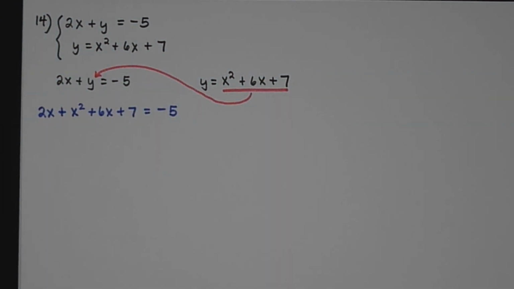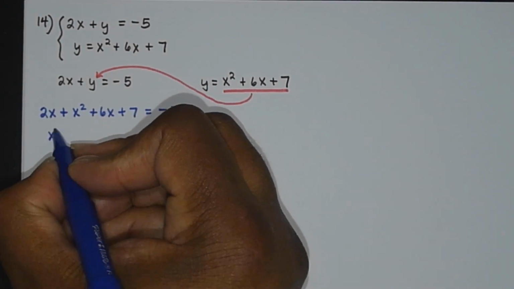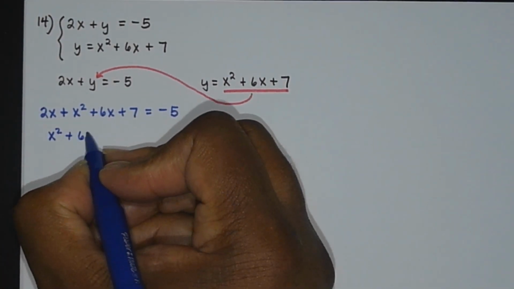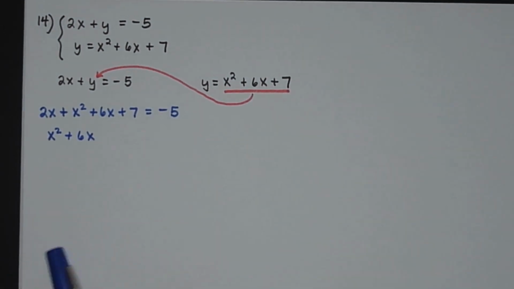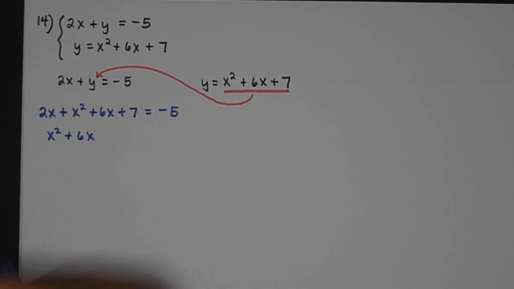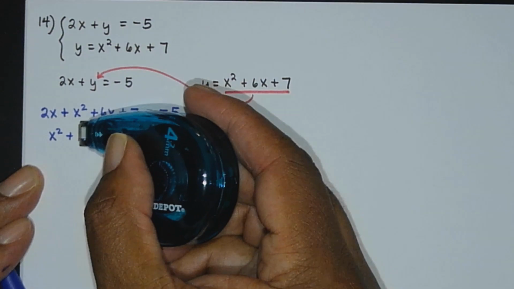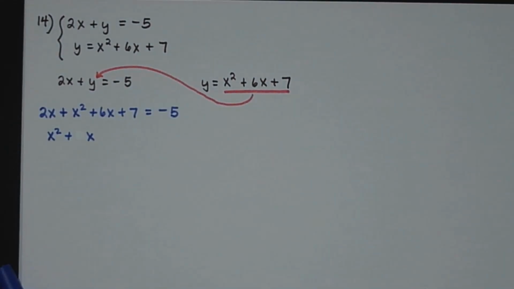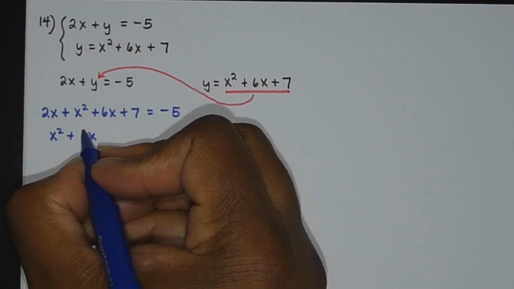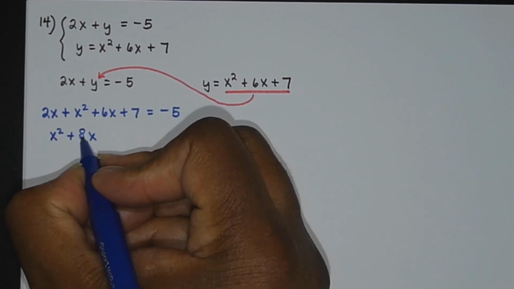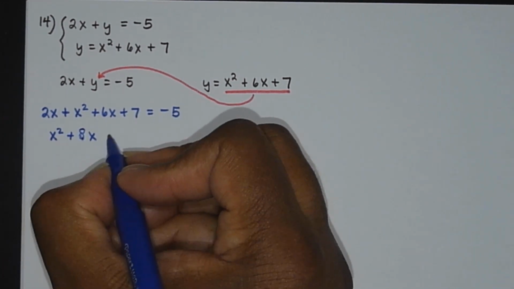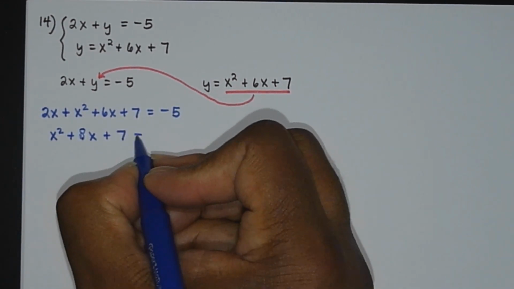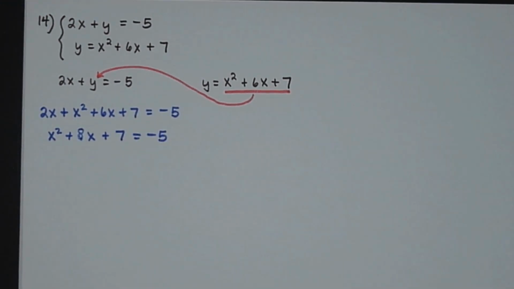Now let's combine some like terms on the left-hand side. Let's bring down the x squared plus 6x first because I want those to be in descending powers. But what's 2x plus 6x? 8x. So we got x squared plus 8x and then plus 7 equals negative 5.